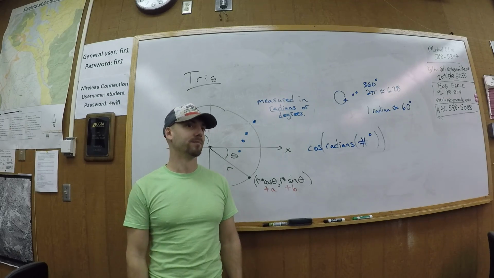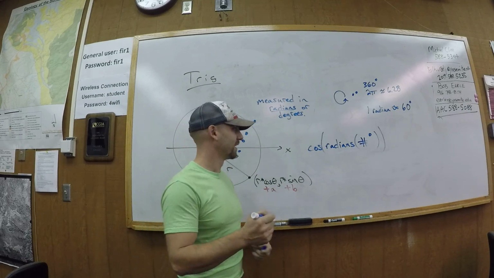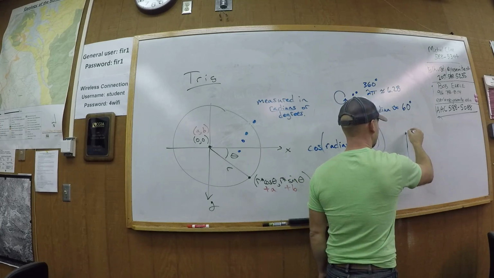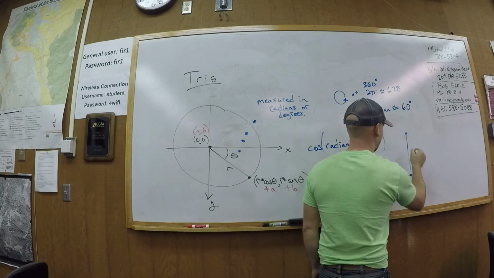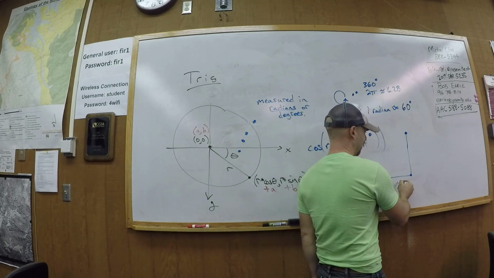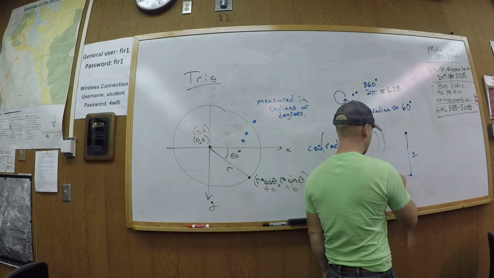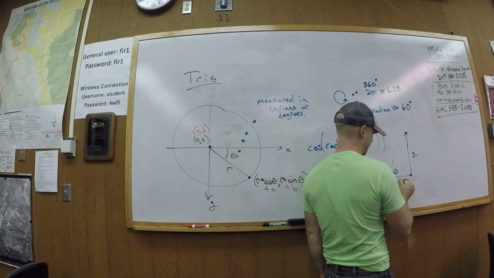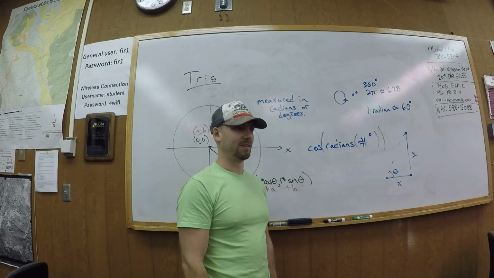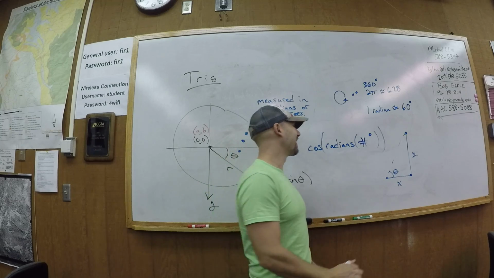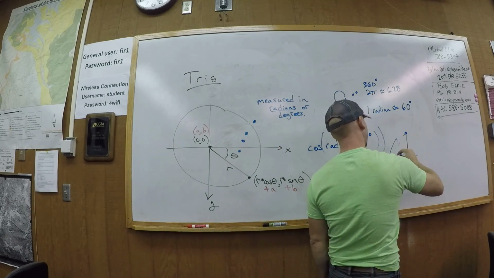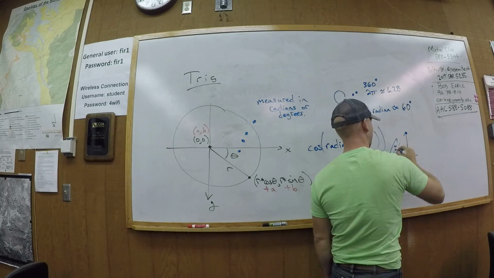Oh, one more small thing. If you have some known distances, like an x and a y, and you want to get this angle here. x squared plus y squared gives you this distance here, so this distance is the square root of x squared plus y squared.